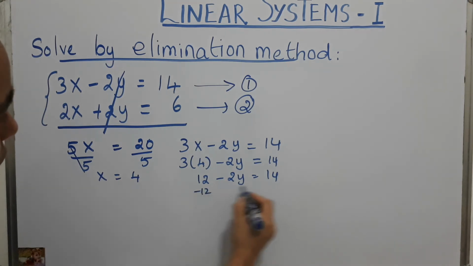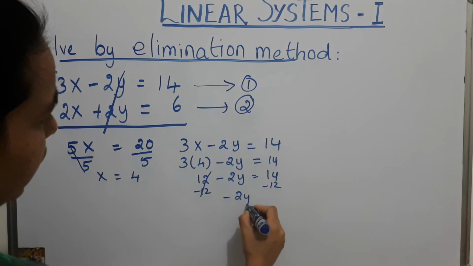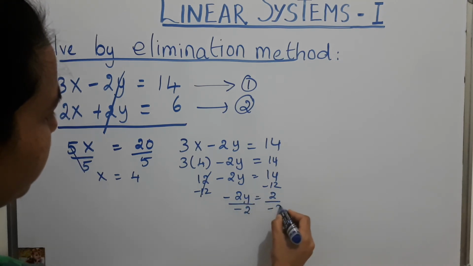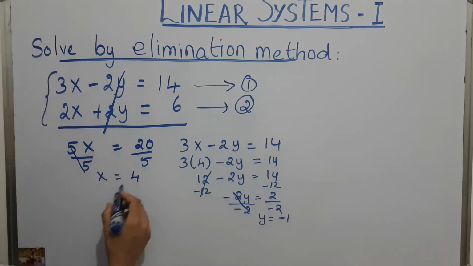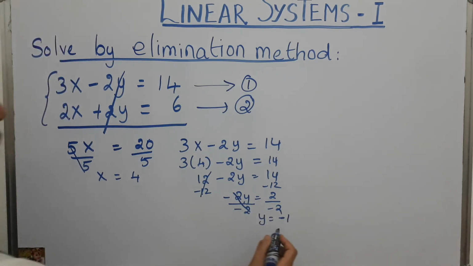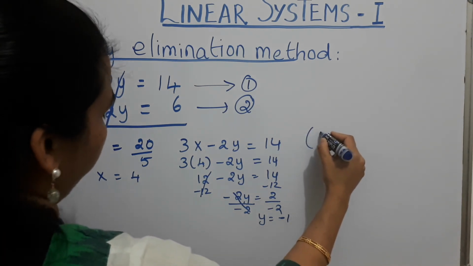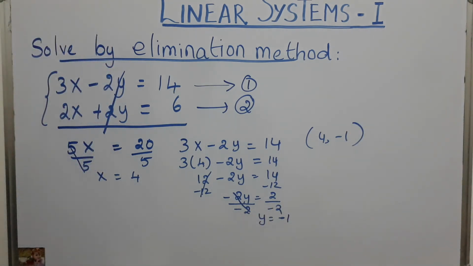So minus 12 minus 12, so this will be gone. So minus 2y equals 2. And divide both sides by minus 2. So this will be gone, and y is equal to negative 1. So the value of x is equal to 4 and y is equal to minus 1. So (4, minus 1) is the solution of this linear system of equations.